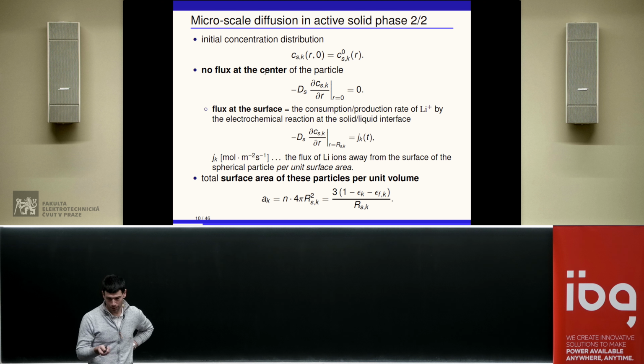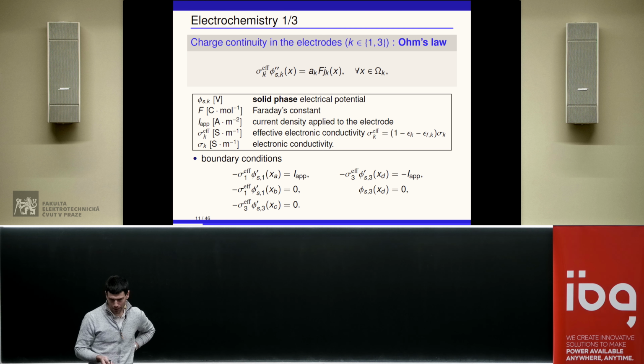There are also boundary conditions for the diffusion into the particles, which means, for example, at the center you have no flux because there is no movement across the center. At the surface we have fluxes of lithium that are described by the Butler-Volmer kinetics.